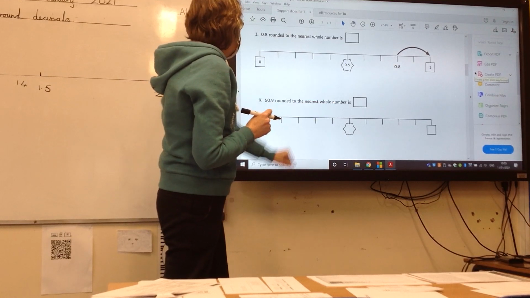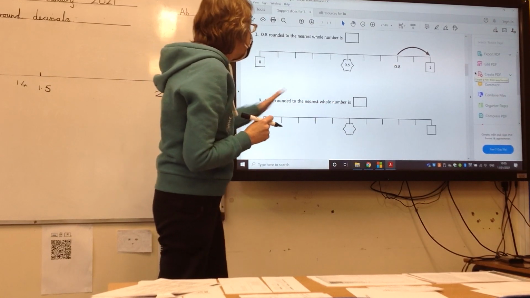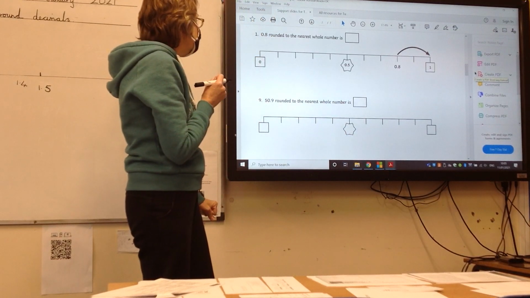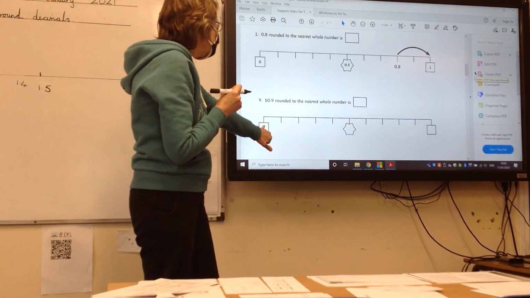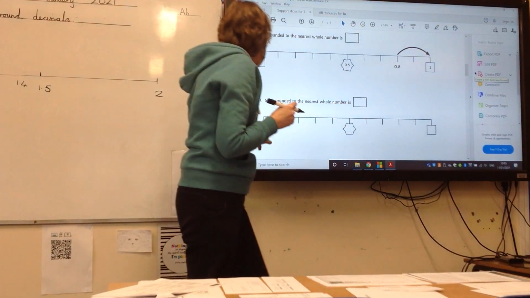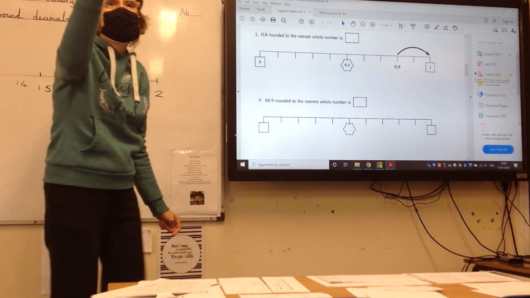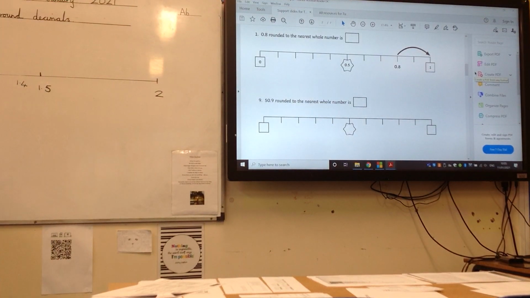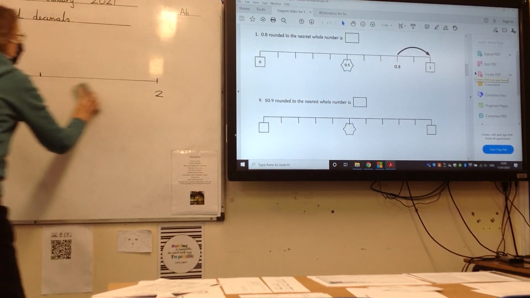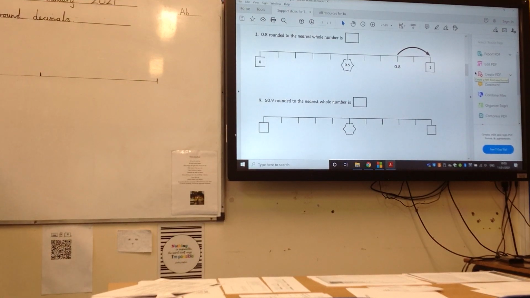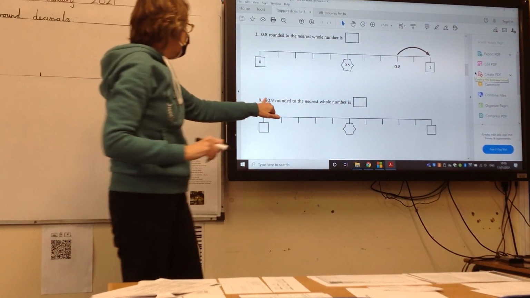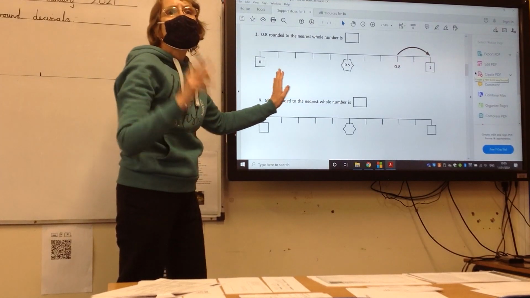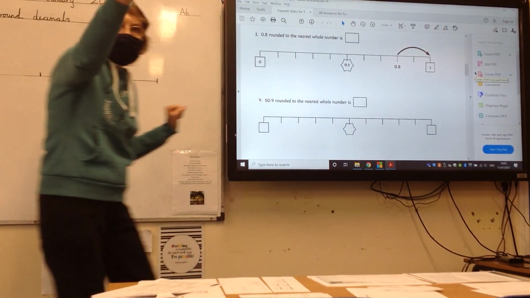Rounded to the nearest whole number is. Now, they've not actually given you the numbers on there, but what would the 2 whole numbers be on either end? If you look at, we're rounding 50.9, we're rounding it to the nearest whole number. 50 and 60?